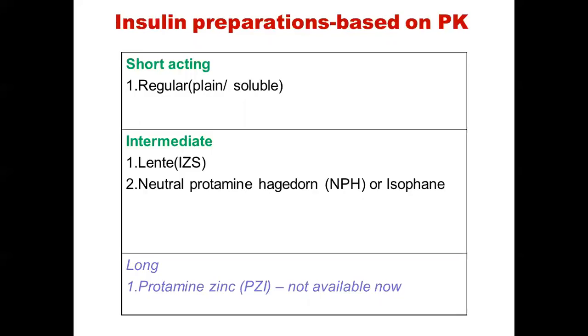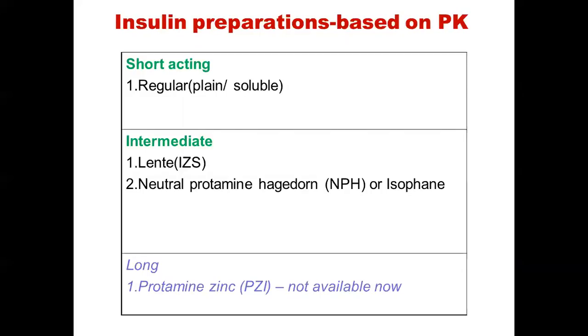Under that, you have two types, that is lente insulin, insulin zinc suspension, and neutral protamine Hagedorn, that is NPH or isophane insulin. We also have a long-acting preparation, that is protamine zinc, PZI, but we will not be discussing that here because it is no longer available for use or sale now.